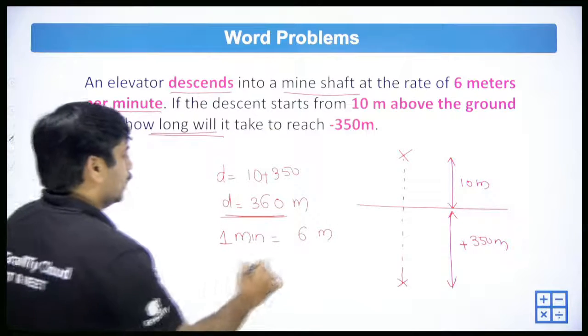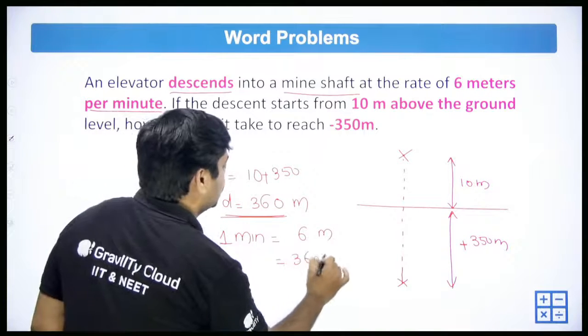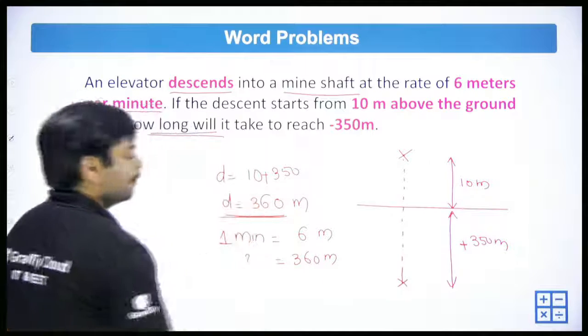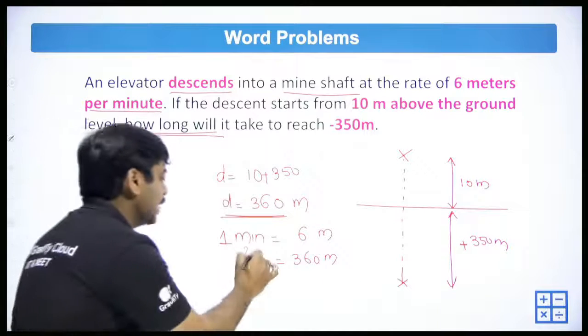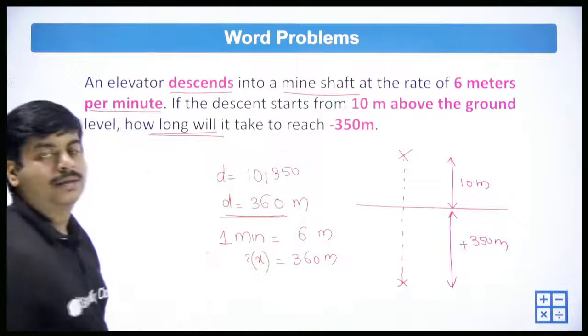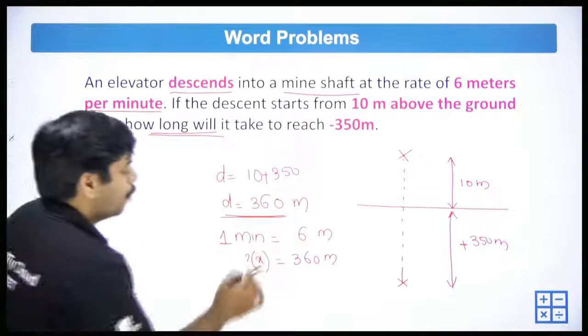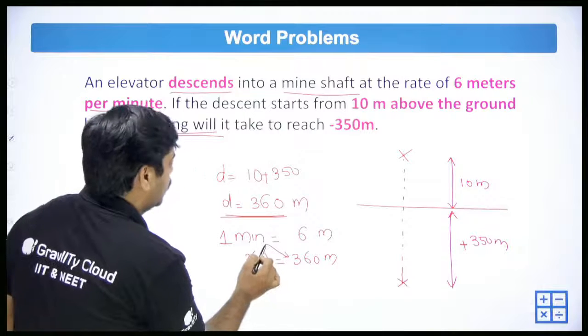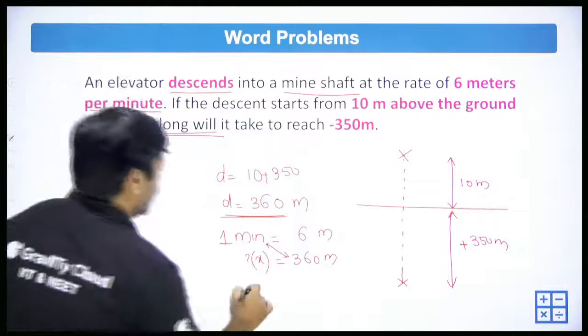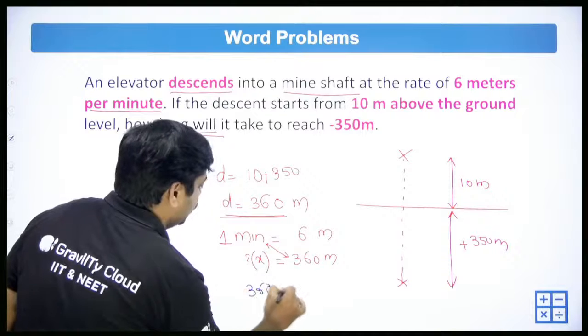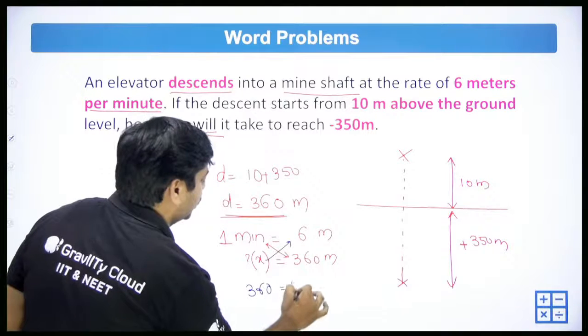Then for 360 meters, how much time are we taking? Let me take this duration as x. So how to calculate this? You need to cross multiply. 1 into 360, which is 360, is equal to x into 6.